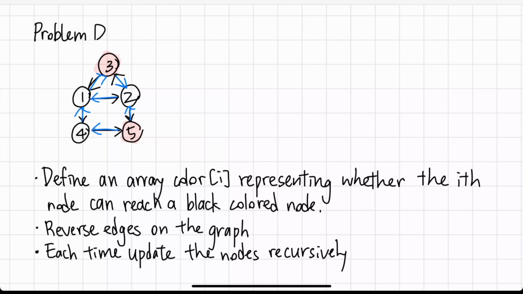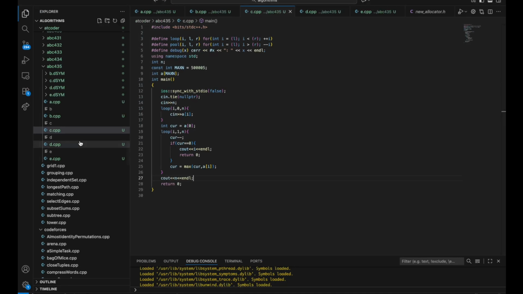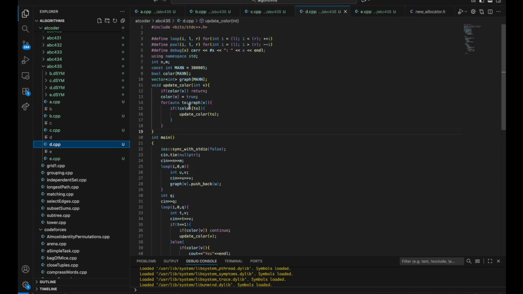And now let's look at the code. So here is my code. This is my function to update the color. I first have an array called color, and this stores whether the ith node can reach a black colored node following the edges that it's connected to.